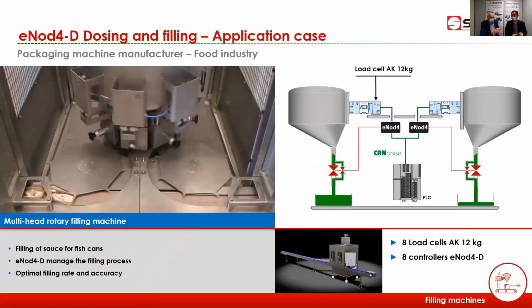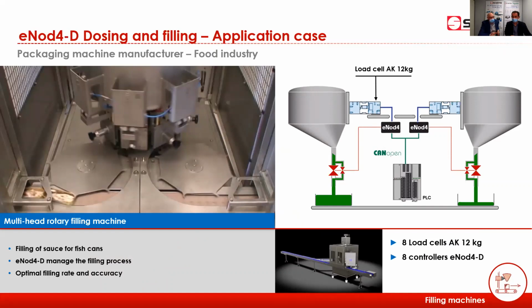Okay, now I'll let you present the first example of applications. It's a small multi-head rotary filling machine by unloading. In fact, the load cells weigh the small tanks of product, and by unloading, we fill some sauce into fish cans.